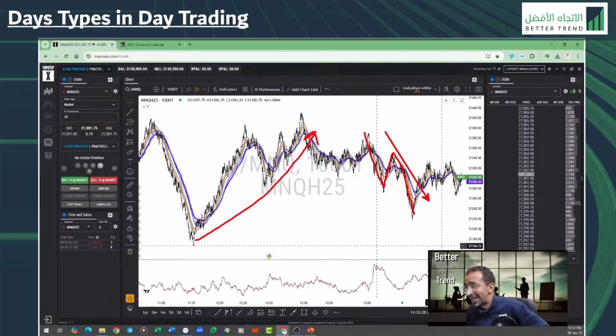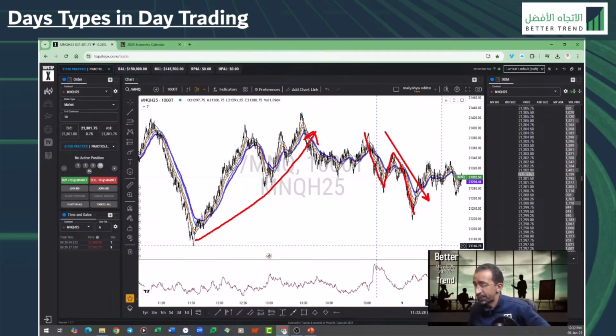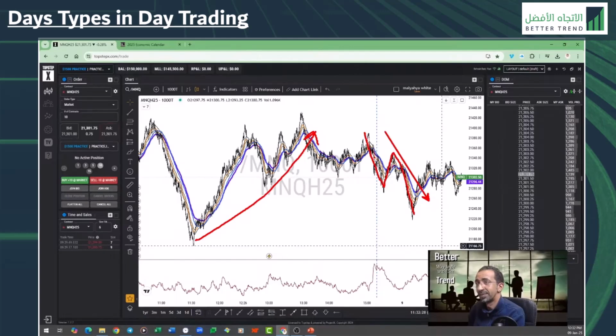What do you see? Is this a continuation? Give me 1. Is it a reversal? Give me 2. Yes, this is a reversal, correct.